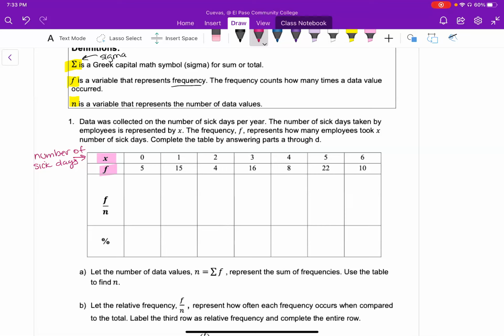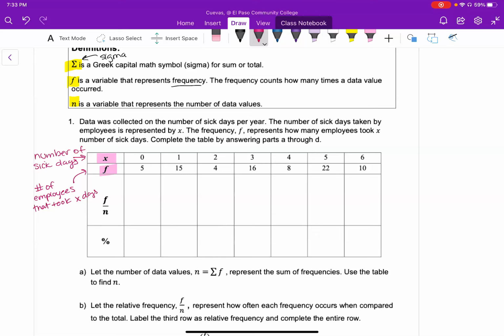And the F represents how many employees took that many days. So, number of employees that took X days.